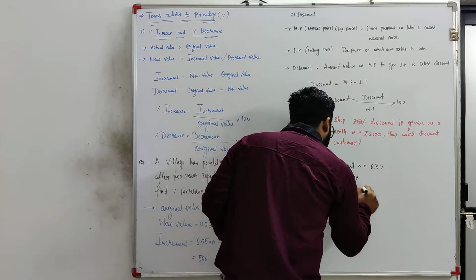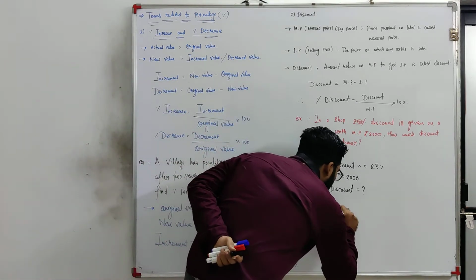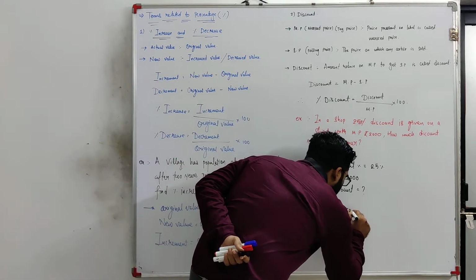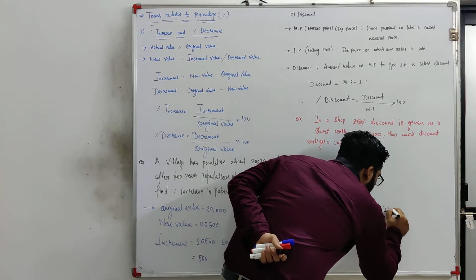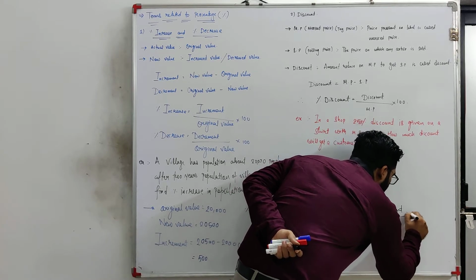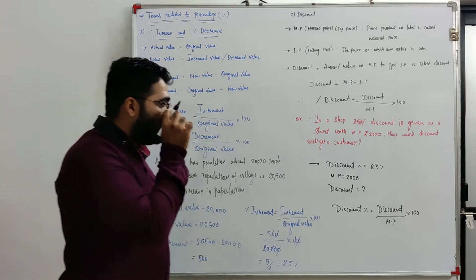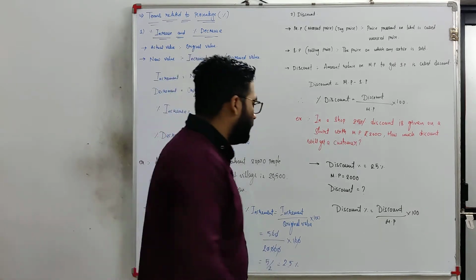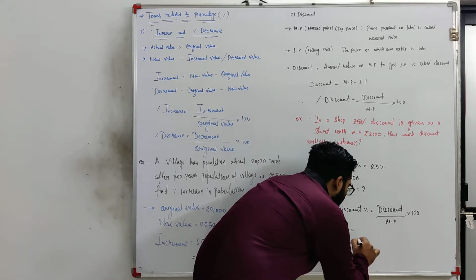The formula is discount percentage is equal to discount divided by mark price into 100. When we put in all the values, we get 25%.